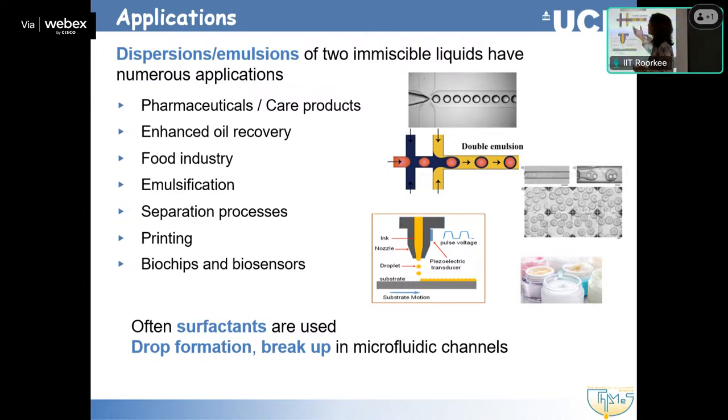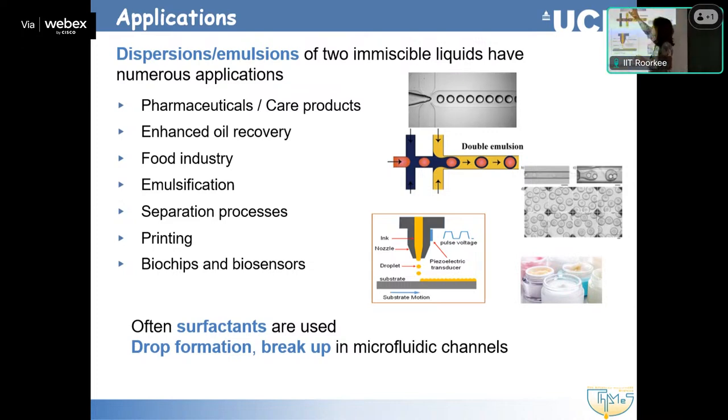But what we have started doing with microfluidics is producing drops that have a very well controlled size and a very, very narrow size distribution. These are important parameters for the stability of the emulsions and also the feel, the product quality.